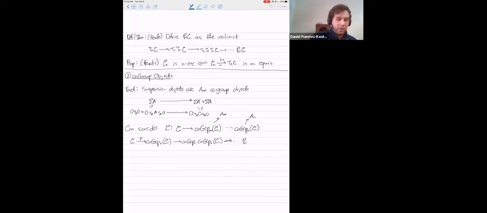If I call this colimit of this thing, I don't know, Pn tilde of C, then I can build a little tower by just using the forgetful functors amongst the AN cogroup objects. And it turns out you have adjunctions here.